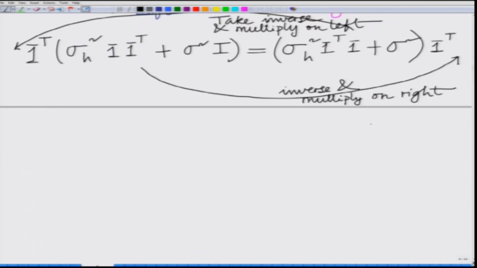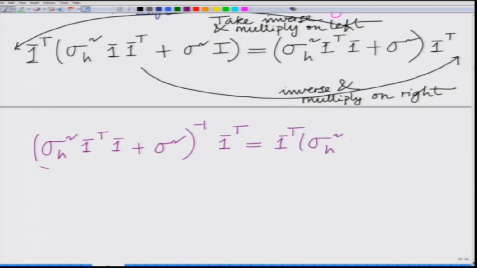When I do that, I can simplify this interestingly as: sigma h square 1 bar transpose 1 bar plus sigma square inverse into 1 bar transpose is equal to 1 bar transpose into [sigma h square 1 bar 1 bar transpose plus sigma square identity] inverse.